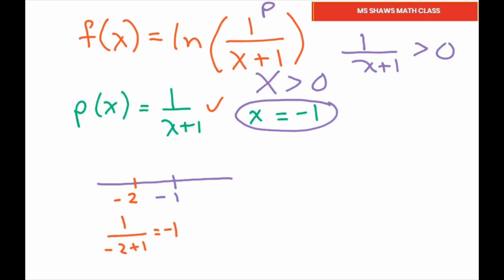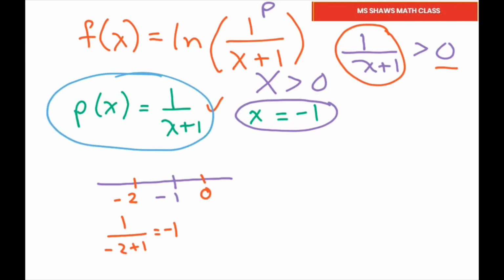So basically that's not going to work because this quantity here has to be positive. So let's test 0, because 0 is greater than negative 1. When you plug that in, P of 0 equals 1 divided by 0 plus 1. That is 1. That is positive.